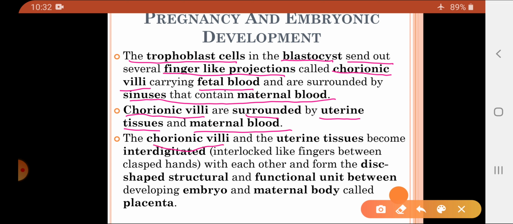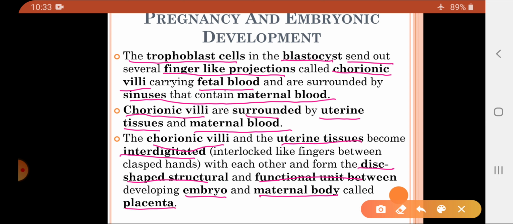Now the chorionic villi and the uterine tissues become interdigitated, that is, they are interlocked with each other like the fingers between clasped hands, and they form the disc-like structural and functional unit between the embryo and maternal blood, and the structure formed is called the placenta.